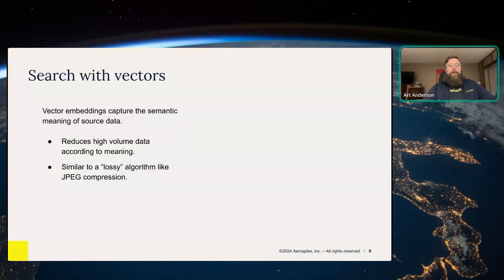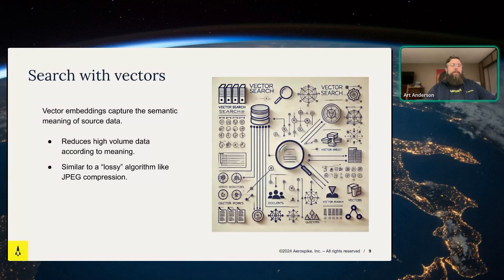If you're not familiar with vectors, a vector is literally a list of floating point numbers. Now, it gets far more complex than that, but not anything that we need to go into in this session. Effectively, what we're doing is capturing the semantic meaning of our unstructured data in a consistent and easily measured object.